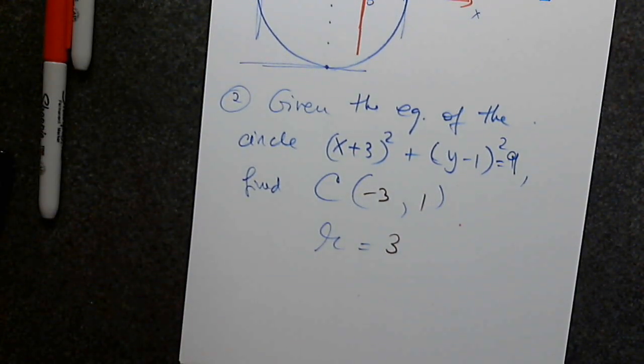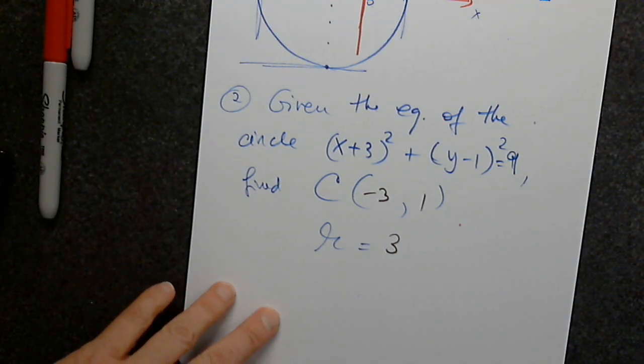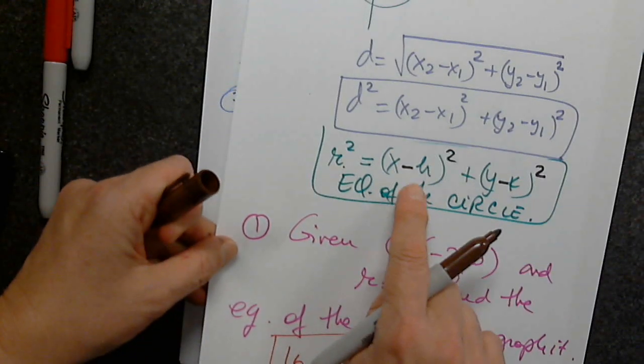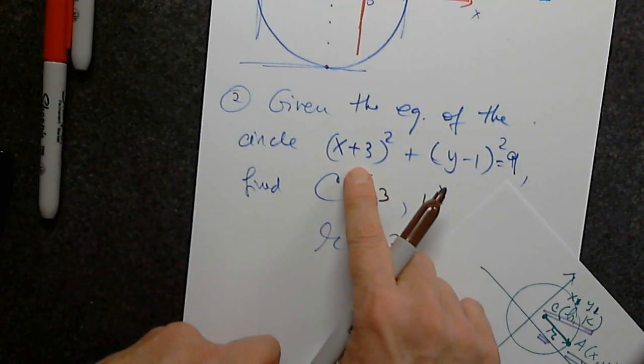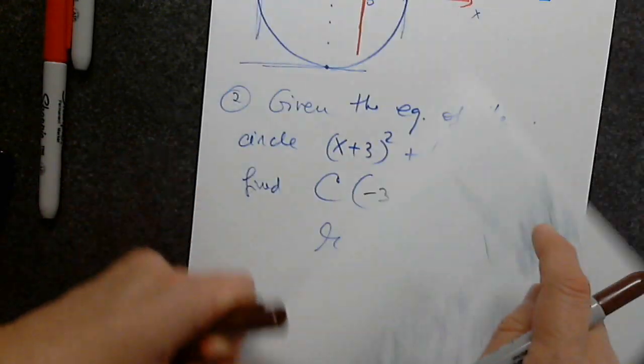Do we understand how we get -3, 1 and the radius of 3? Everyone? I'm sorry, I missed it. So if you go back to the equation of the circle, with -3, 1: x minus -3 will give us x plus 3, and with 1 it will be y minus 1.